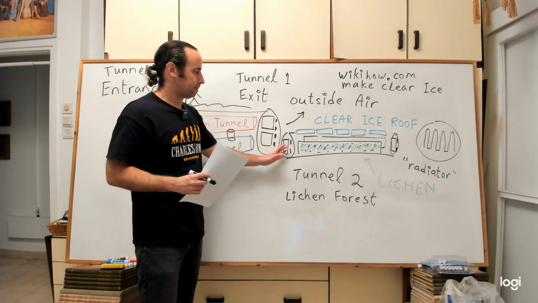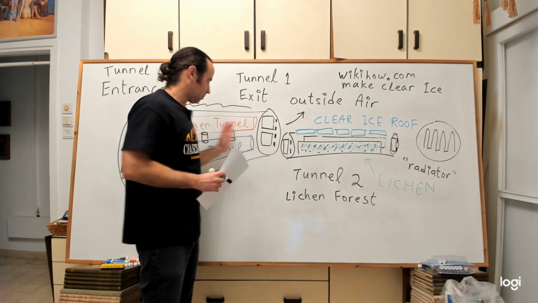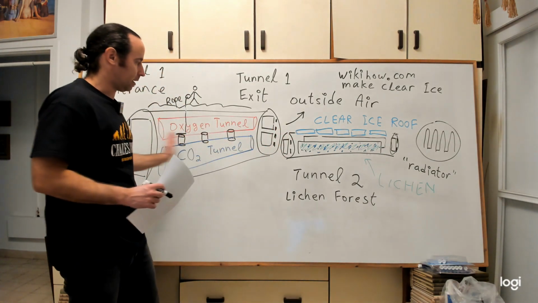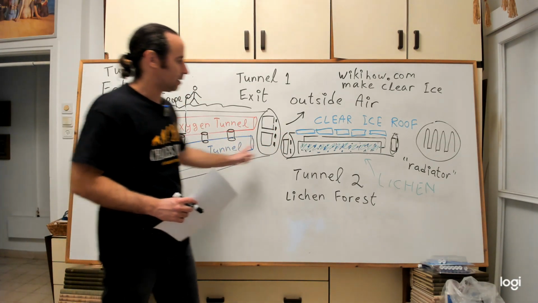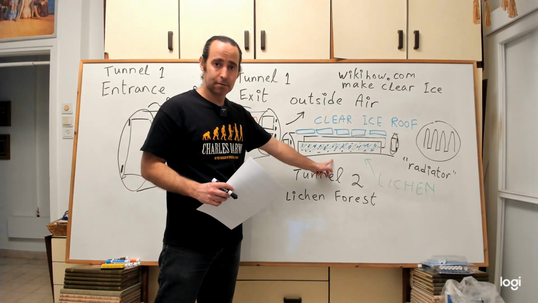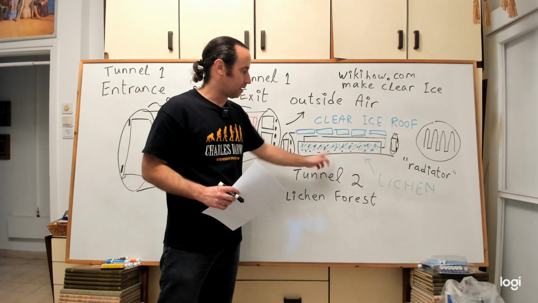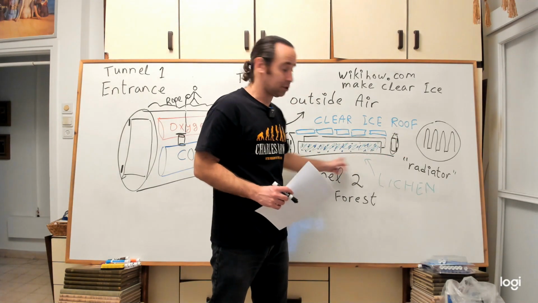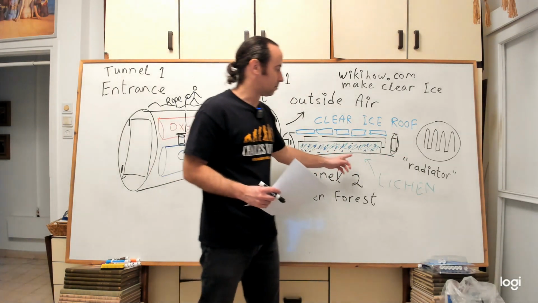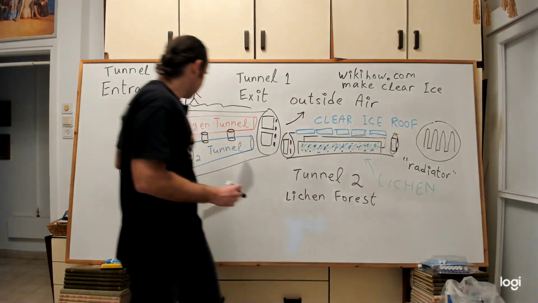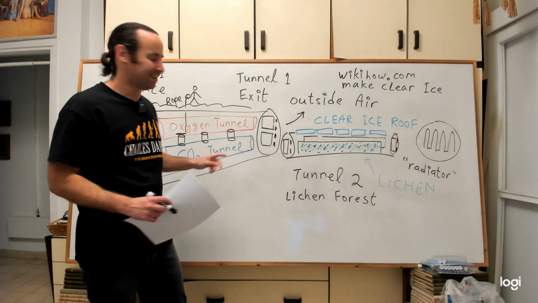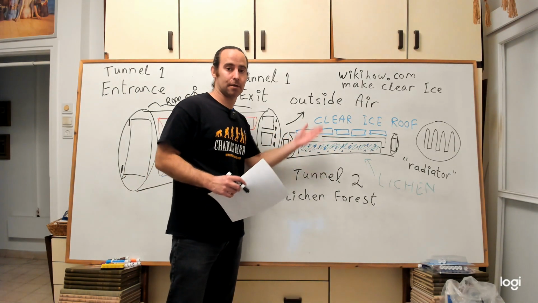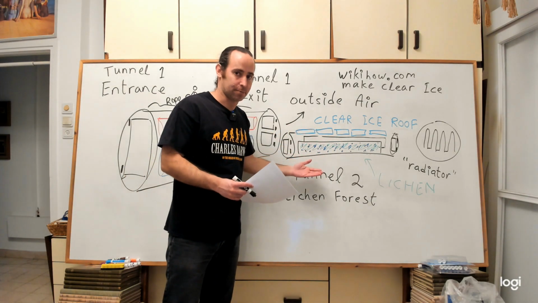So we let the wind push the CO2 into the lichen tunnel, and push the old air, which is now clean, to the outside, and bring fresh CO2, so that the lichen can work on the new CO2.